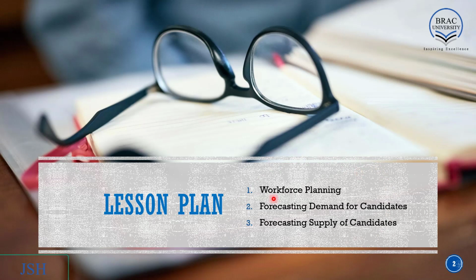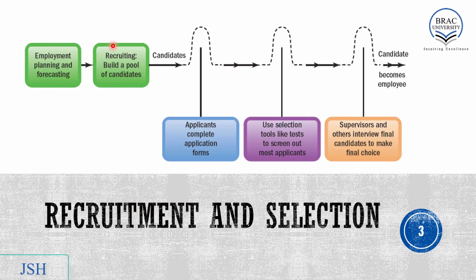We are going to discuss what workforce planning is, how to forecast demand for candidates, and finally, how to forecast supply of candidates. Now, before moving into the main content of this chapter, I want to start with this very detailed picture here. This whole picture is the summary of 2 chapters in your book.